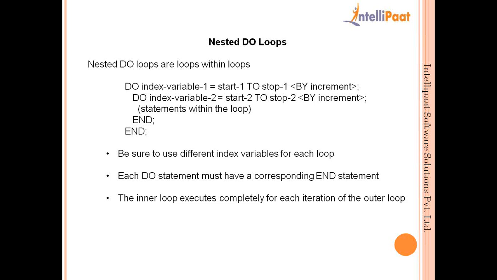You can see in the syntax given here: do index variable 1 equals start 1 to stop 1 by increment, and inside of that we have another do statement with index variable 2 from start 2 to stop 2, and then you write your statements, and at the end you have an end for both the loops. Be sure to use a different index variable for each loop.